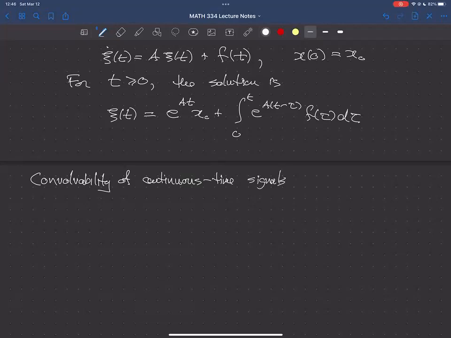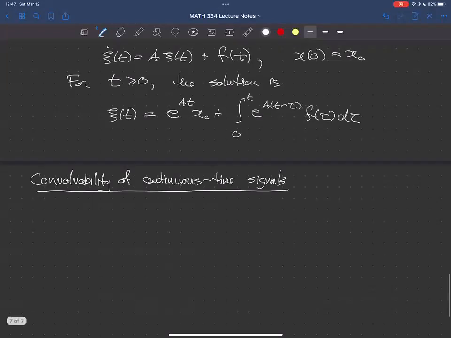As far as I know, there's no useful class of signals for which all pairs are convolvable. What one does is pick out special classes that have interesting properties related to the things you're interested in, that are convolvable. And so that's what I'm going to do. I'm going to give you some special classes that are.